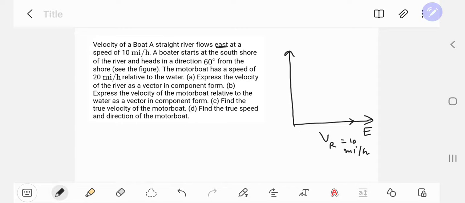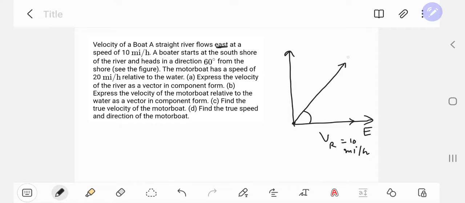Okay, and the direction of the boater is not in either one of the directions. He said the boater starts at the south shore of the river and heads in a direction from the shore. So the shore is right here, and he's going at a 60-degree angle with respect to the shore.